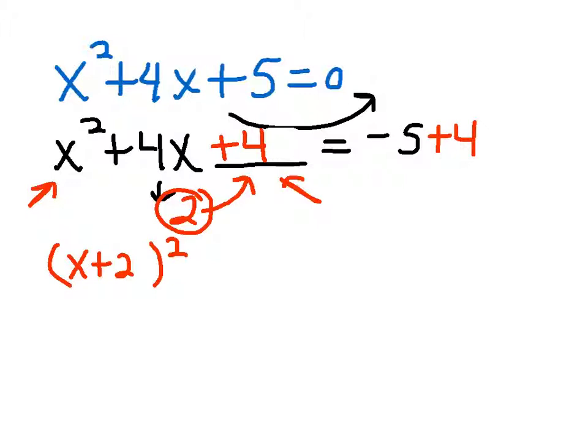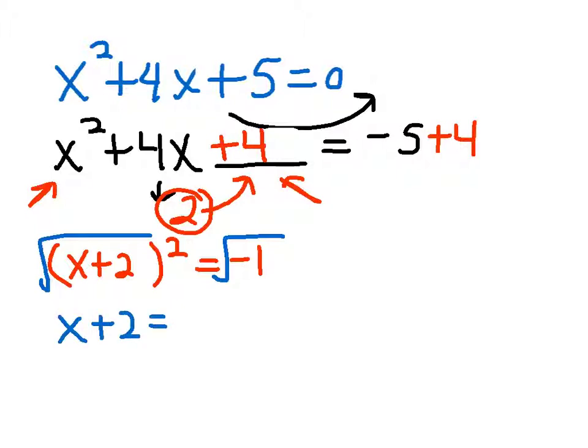Okay, so x plus 2 squared equals negative 1, and now we're ready to go ahead and square root both sides of this problem. So I use a square root here and a square root on the right side. So it becomes x plus 2 equals plus or minus the square root of negative 1. Okay, now that square root of negative 1, remember we use the value of i for that because you can't really have a negative underneath your radical sign.